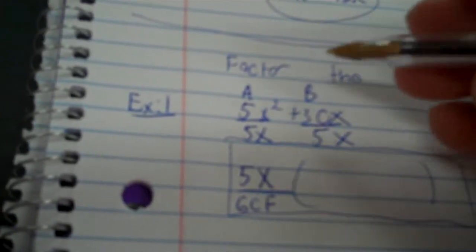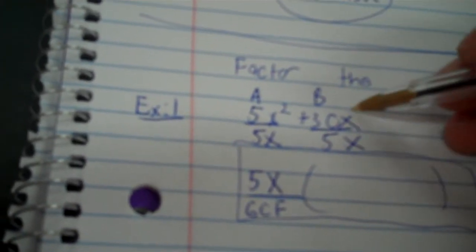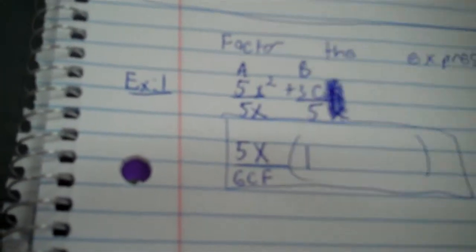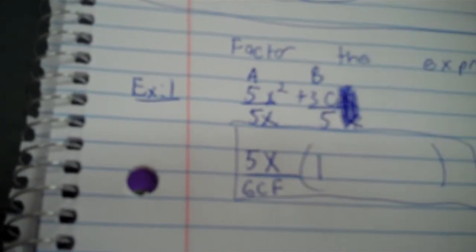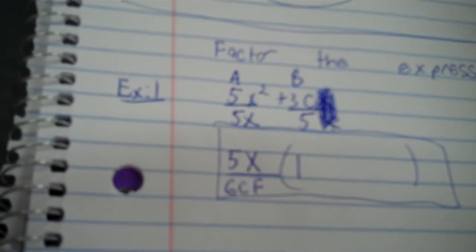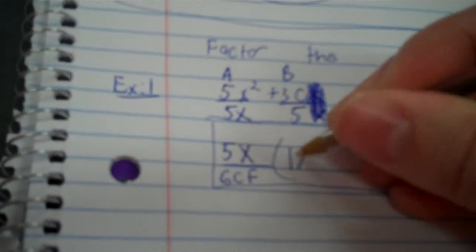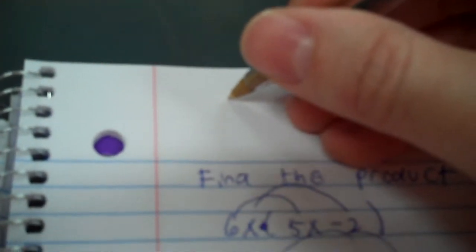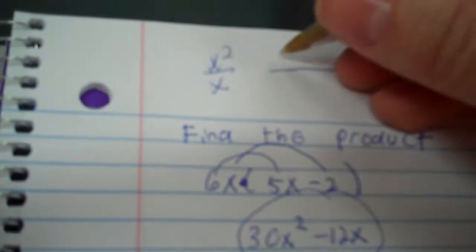Okay, now here's how we divide this. First off, the x over the x cancels out. Okay, it's gone. The x to the second over the x does not cancel out. So I divide 5 by 5, that's 1. X to the second divided by x is x. It doesn't stay x to the second. If I divide, here's how that works. You don't have to write this. X to the second divided by x is x times x over x, because that's what x to the second is, and those cancel, and I still have the x left.